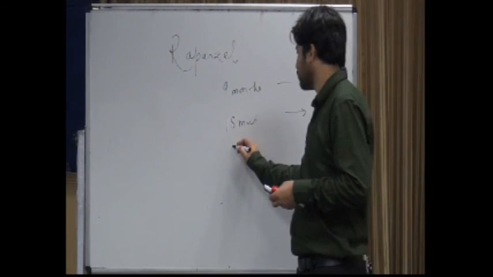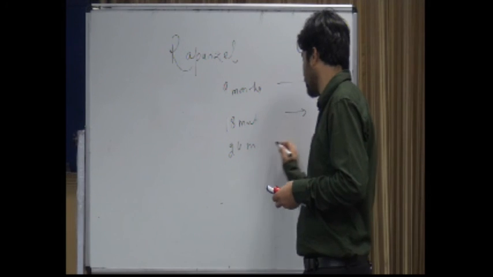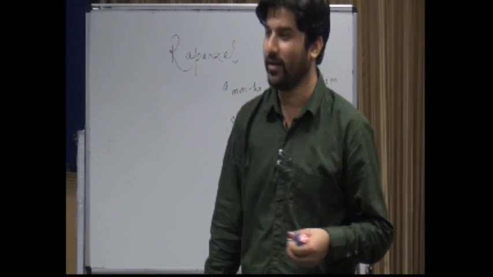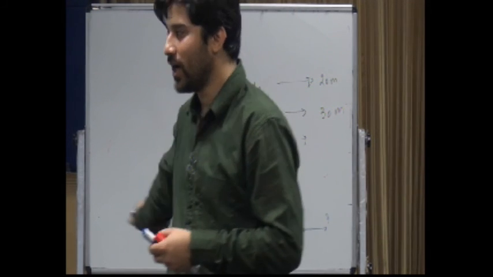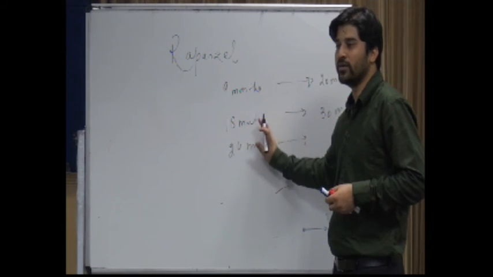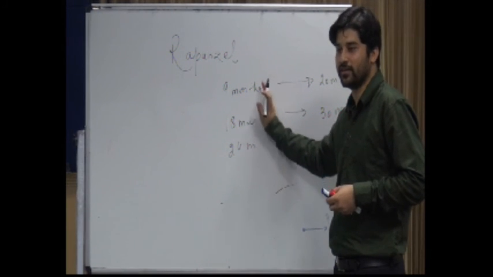So 24 months में how much length she will have, है ना? So this is the story of Rapunzel. How to get this one? So you know it is growing at a constant rate, right?